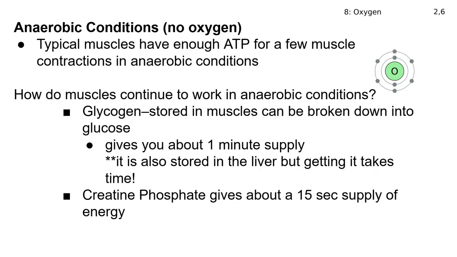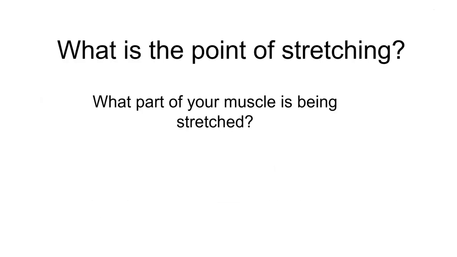So that gives you about a 1 minute supply of energy to move your muscles. And then the other thing that you move to is creatine phosphate, and that gives you about 15 more seconds. So that will help you out if you're working really hard and you're not taking in quite enough oxygen, this gives you a little bit of a boost so you can continue to do your hard work.